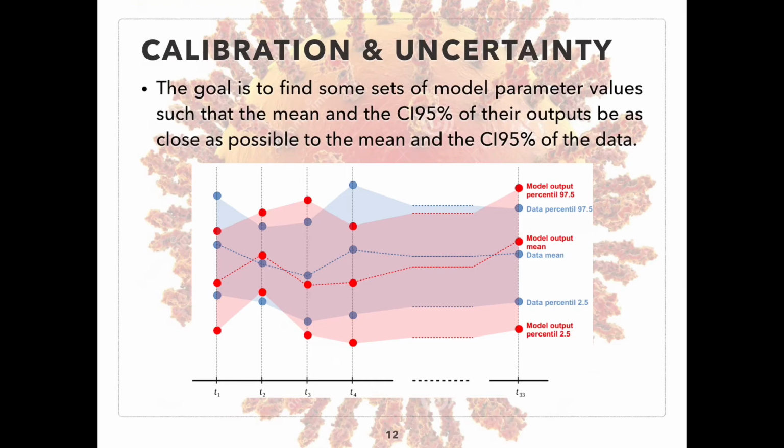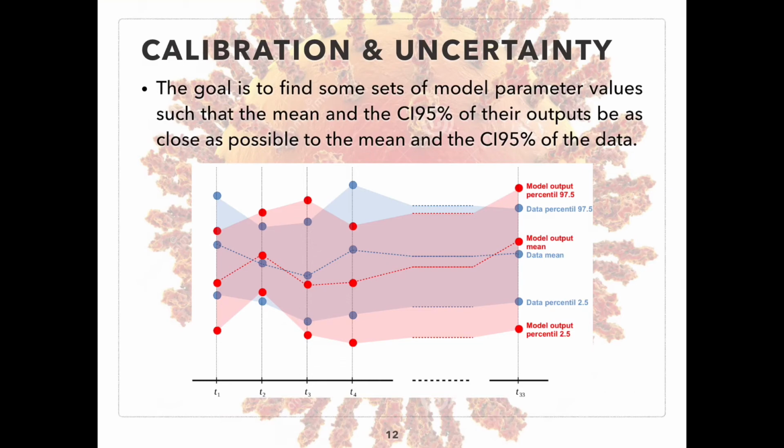Here, we are going to calibrate the model taking into account the data uncertainty. Our goal is to find some sets of model parameter values such that the mean and the confidence interval of the model outputs be as close as possible to the confidence interval of the data.